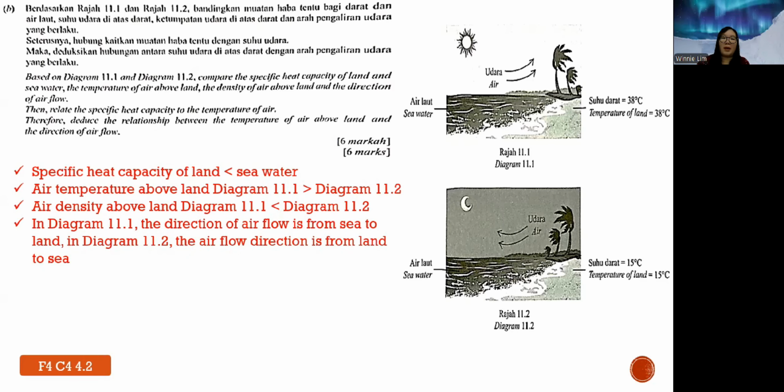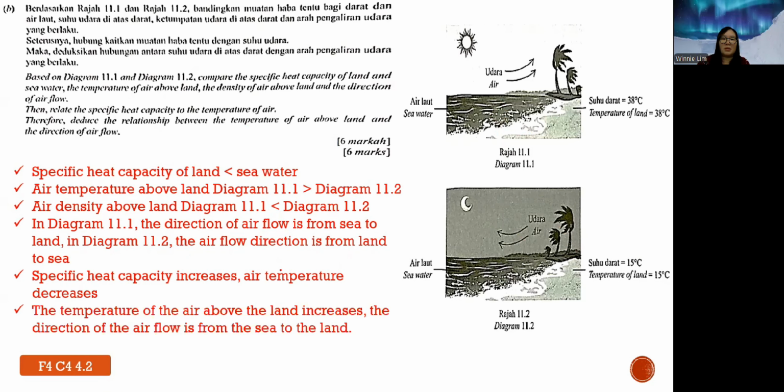In diagram 11.1, the direction of the airflow is from the sea to the land, whereas in this one it is from the land to the sea. Then the relationship: when specific heat capacity increases, air temperature decreases. And when the temperature of the air above the land increases, the direction of airflow is from sea to land. That's why you call it sea breeze.